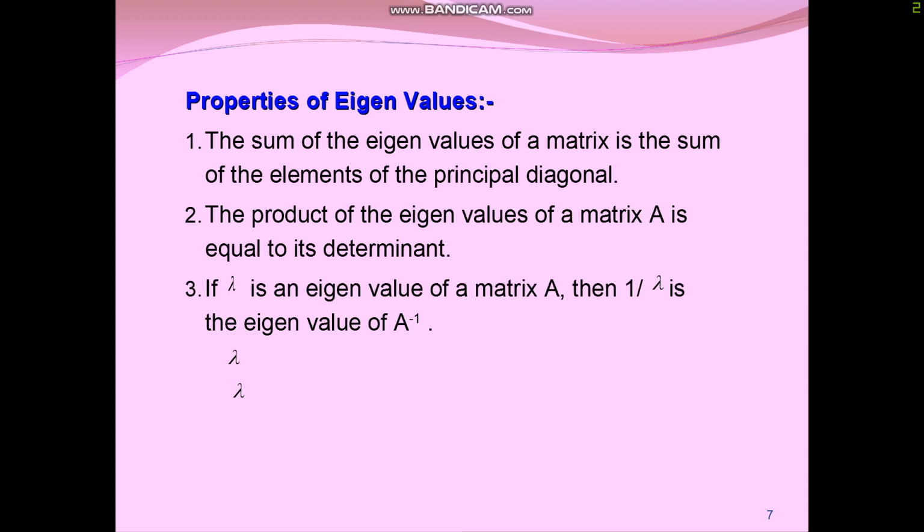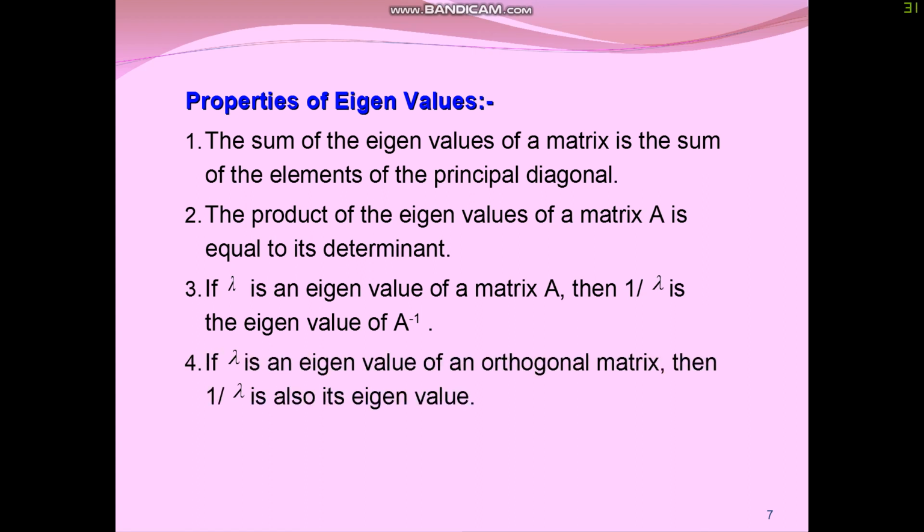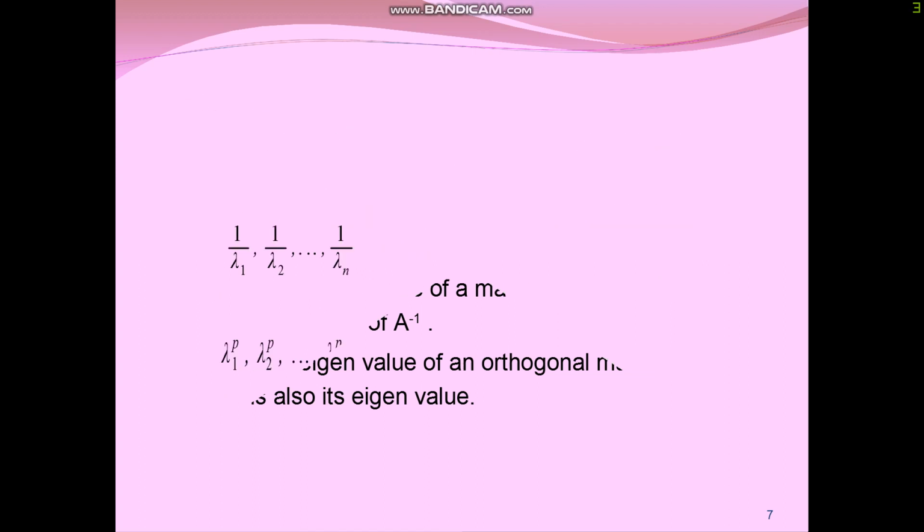Third, if lambda is an eigenvalue of the matrix A, then 1 by lambda is an eigenvalue of A inverse. Fourth, if lambda is an eigenvalue of an orthogonal matrix, then 1 by lambda is also an eigenvalue.